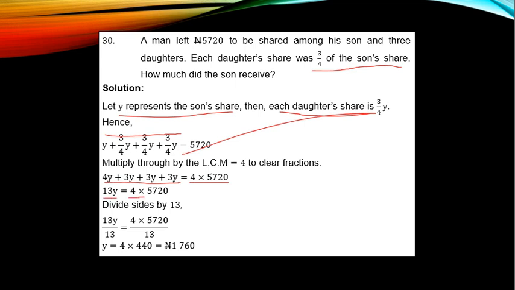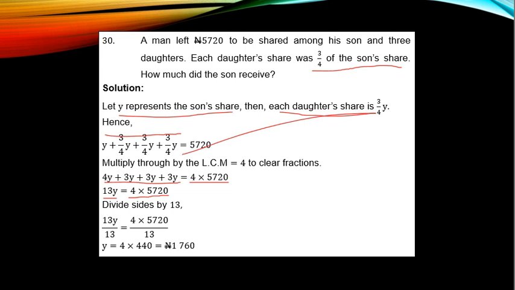Now I'm leaving this part like this because I'm thinking that maybe in the final answer 13 can divide any of the numbers, especially 5720, to reduce it. But if we get there and 13 is unable to divide, you have to multiply 4 by 5720 before dividing by 13. So divide both sides by 13.